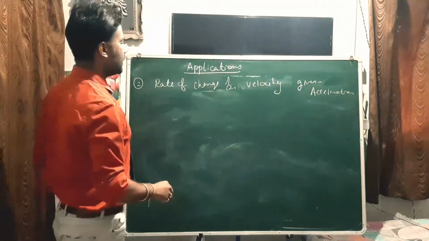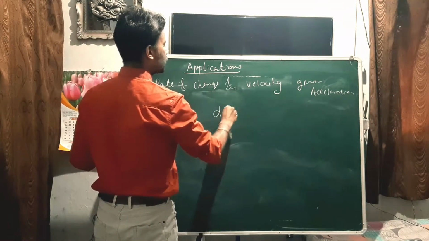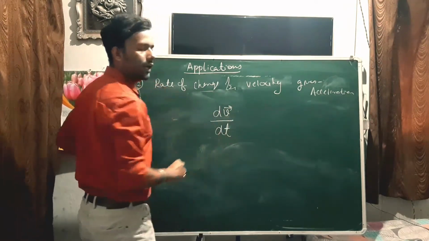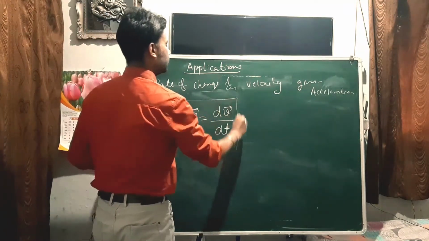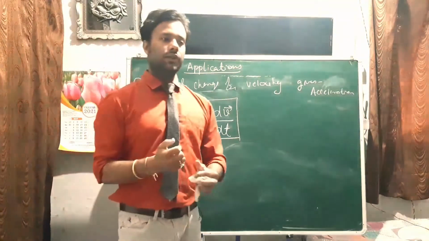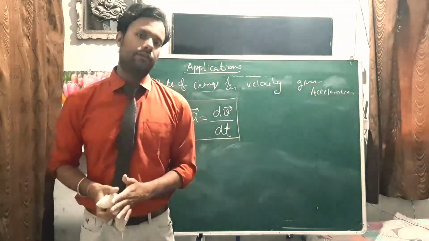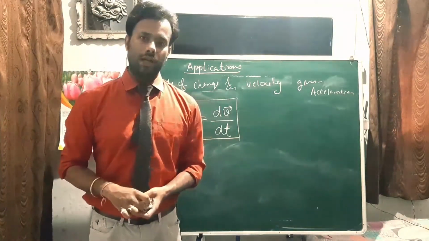It means that if we differentiate velocity with respect to time, it will give you the value of acceleration. Again, the procedure is the same. V will be given in terms of time so that we can find the value of a by differentiating it with respect to time.